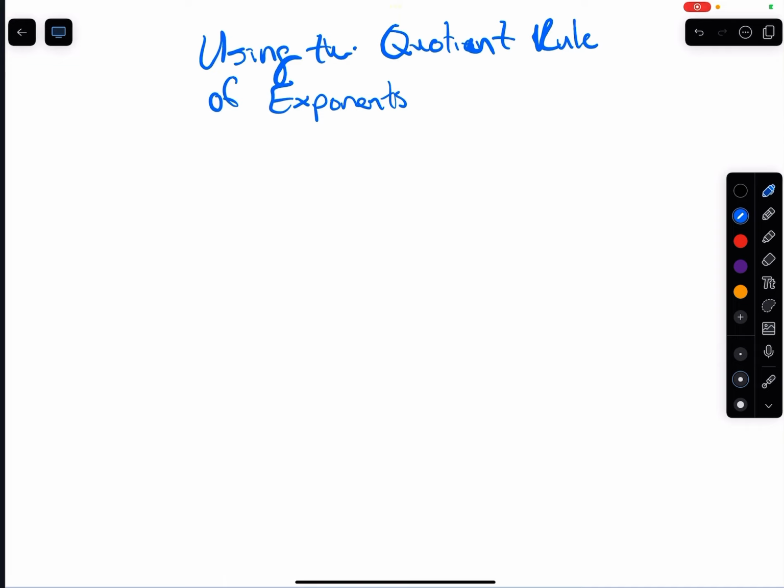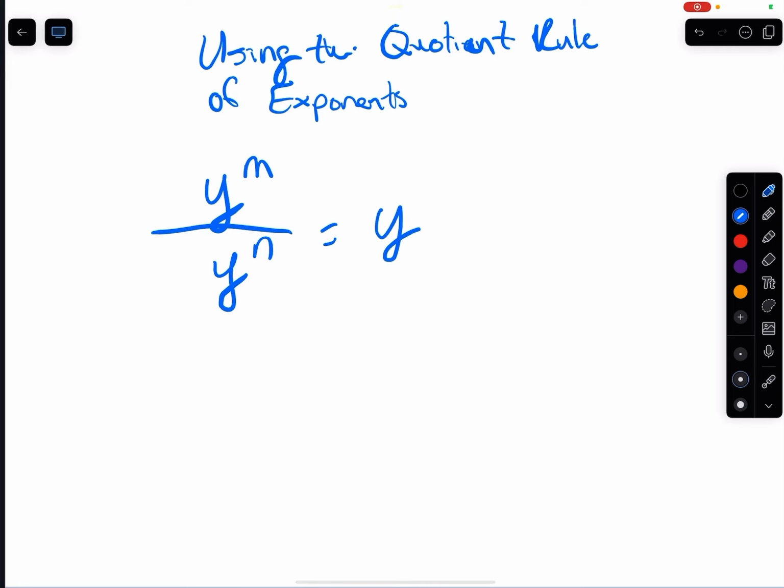Similarly to the way that we do the product rule, if we have an expression that is y to the m power divided by the same base, y to the n power, then we can simplify that to be y to the m minus n power, so long as it's the case that m is greater than n.